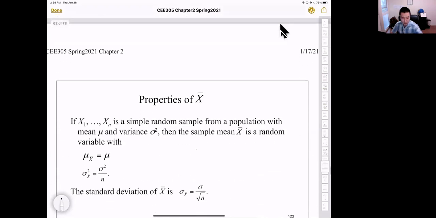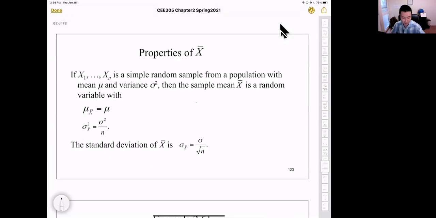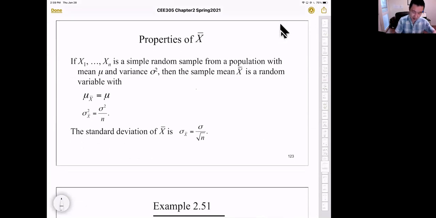All right. So we have 2 more slides for today. Let's talk about the property of the sample mean.